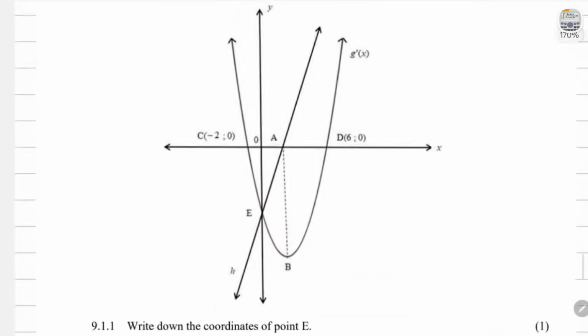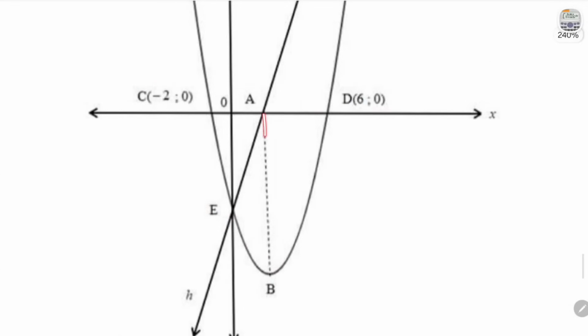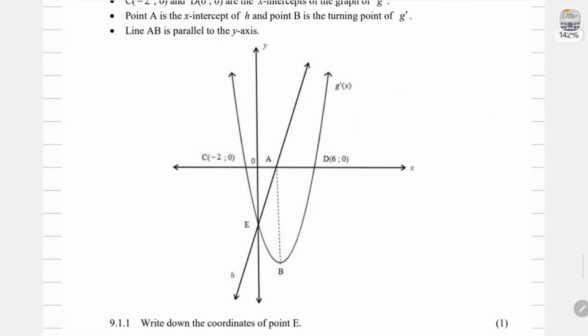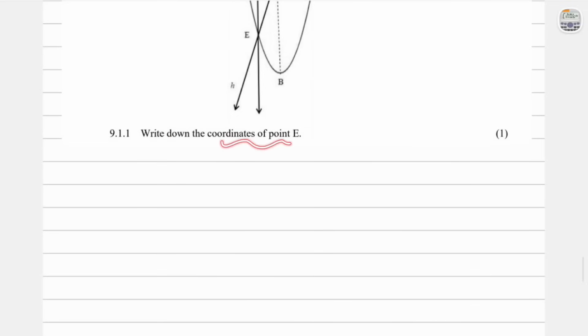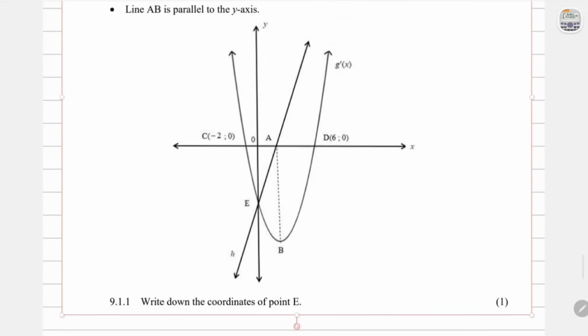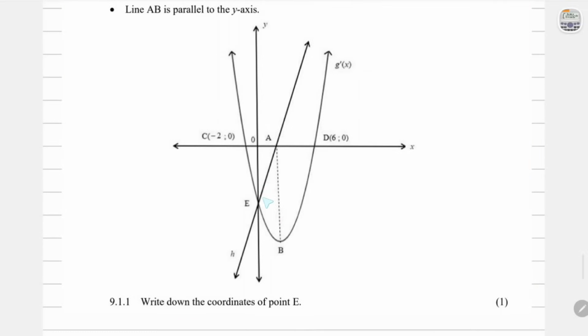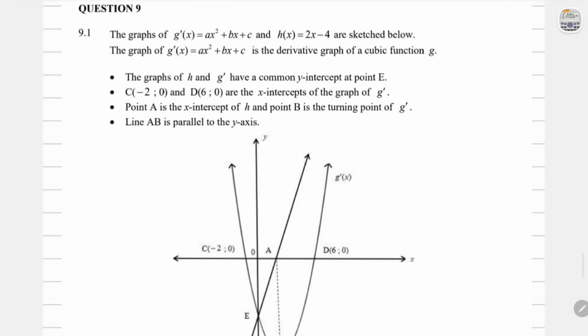So that would confirm that since this is parallel to the y-axis, it's a vertical line. And so since these points lie on the same vertical line, they have the exact same x value. Okay, so that should tell us something. But the first question is to write down the coordinates of E. Okay, so E, as they said, is the y-intercept of the graph of g prime and h, but we already have the graph of h.